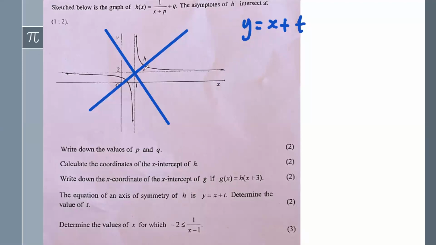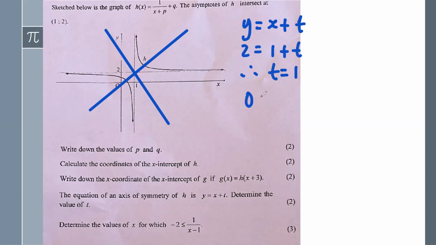Now, how do we solve this? Obviously, I have to substitute a point on the graph to find the unknown. So y is 2, x is 1, and that is plus t. It becomes clear that t has to be equal to 1. Easy marks, as you like. Now, if you look at this last question here, it's an inequality, and I would like us to rewrite it and see that they are actually asking us about our original function.